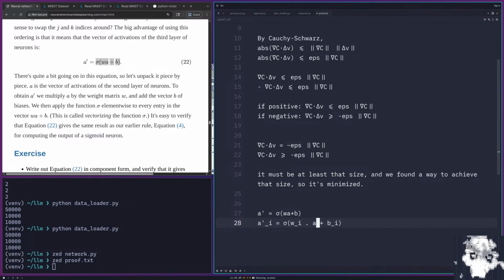a is not a_i, a is just a. a uses all of the activations from the last layer. So b_i is the bias for the ith neuron of the third layer.